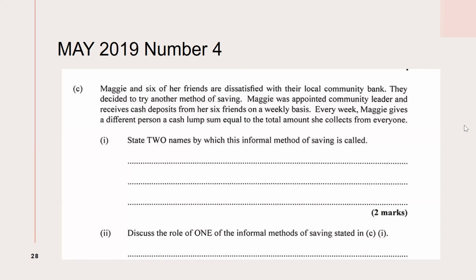Let's look at this last one here. They said Maggie and six of her friends are dissatisfied with the local community bank. They decided to try another method of saving.